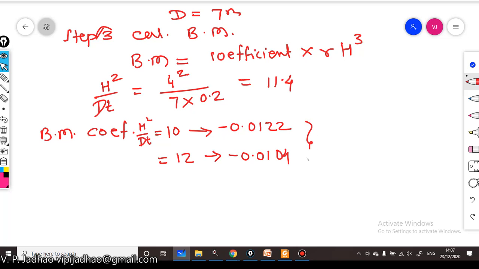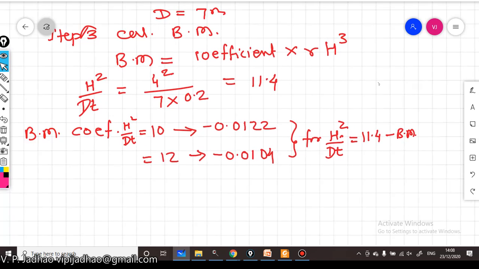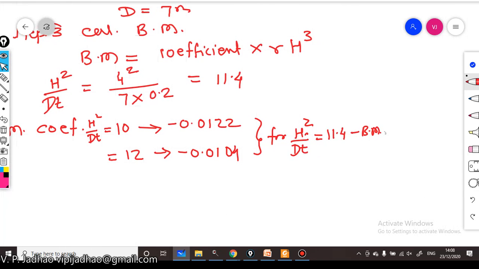So for h square upon dt equal to 11.4, we get the bending moment coefficient equal to minus 0.0117. So we have got the bending moment coefficient.